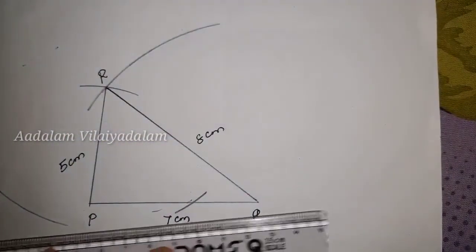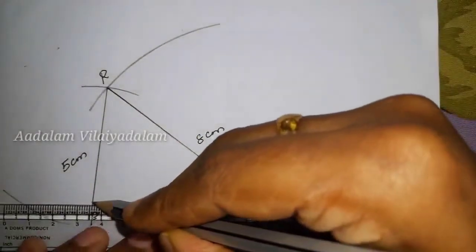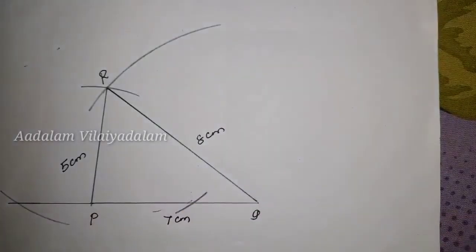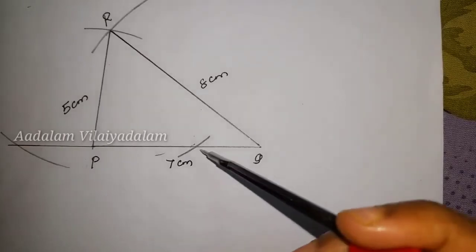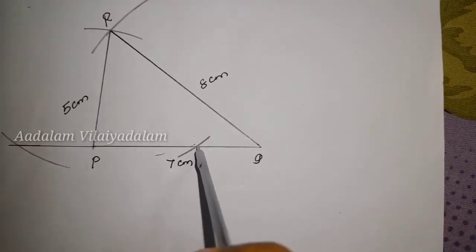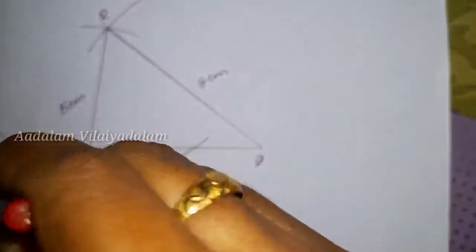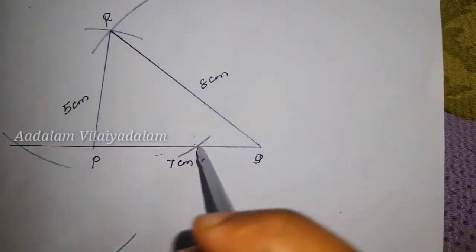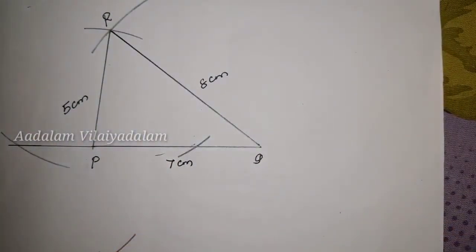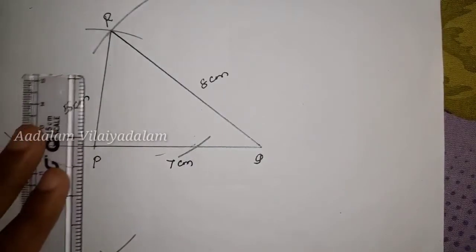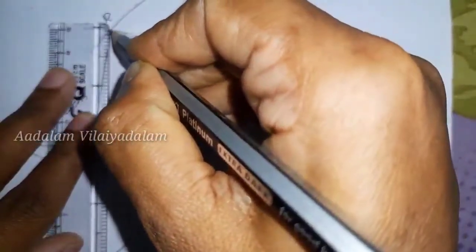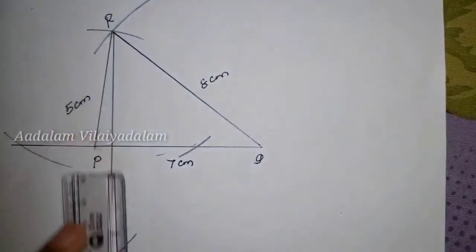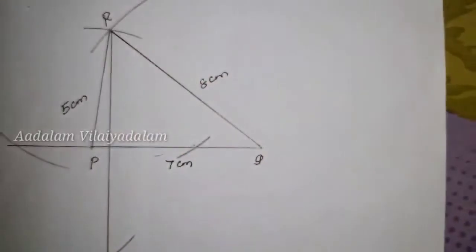Just extend the line. This is the meeting point. With the same measurement make the arc from here also and here. Now draw the altitude from R. So this is the altitude of R.